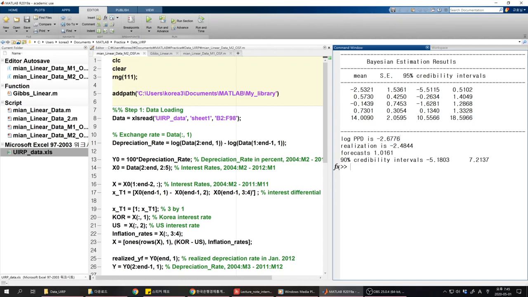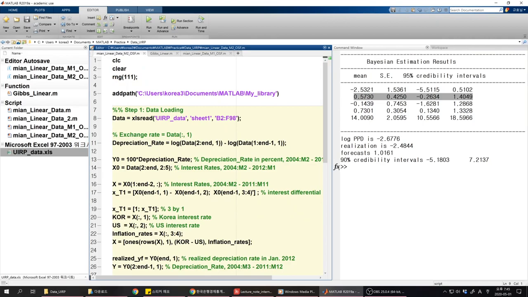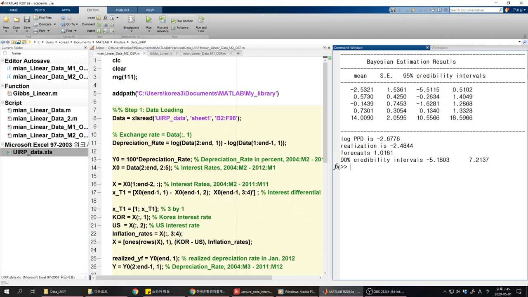Maybe we have irrelevant regressors like this. Okay, and this one maybe, right? This one maybe. So what if you wanna remove this third regressor? How can you do this? You don't wanna consider this third regressor, which is what?